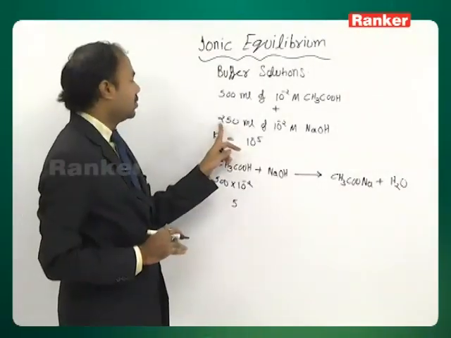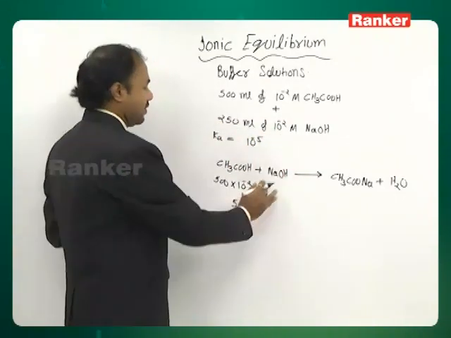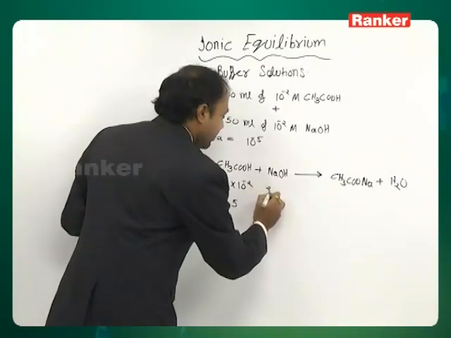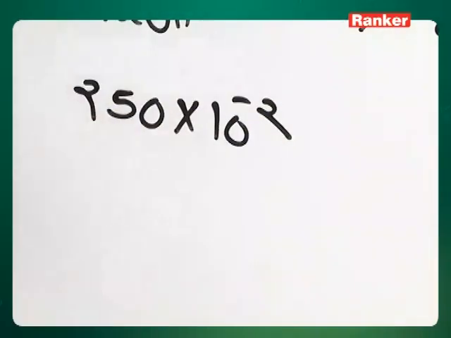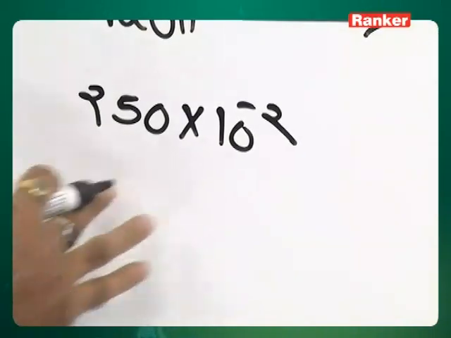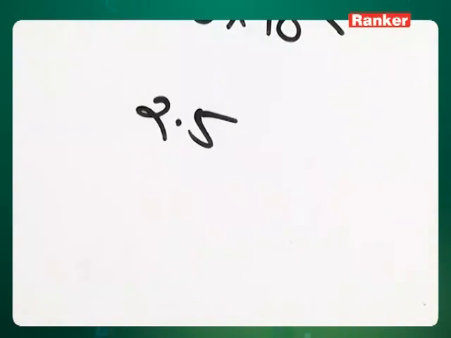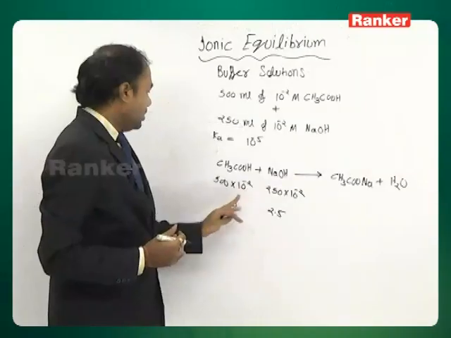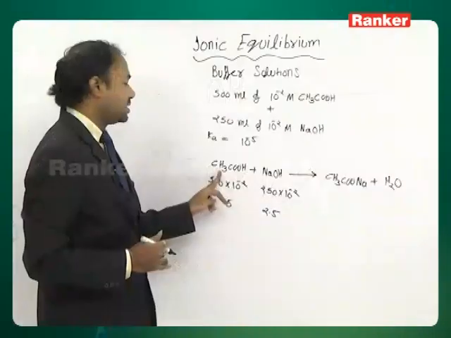Here you have taken 250 ml of 10 to minus 2 molar NaOH. Same way we multiply this also, and it becomes 250 into 10 to power minus 2, right? So here we get 2.5 millimoles of sodium hydroxide. Got it? 1 mole of sodium hydroxide as per this equation reacts with 1 mole of acetic acid.